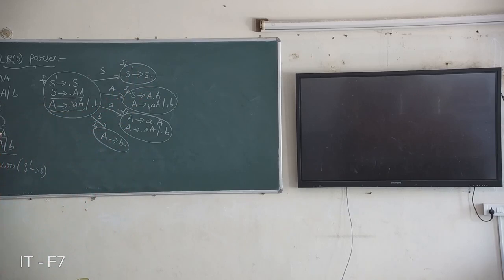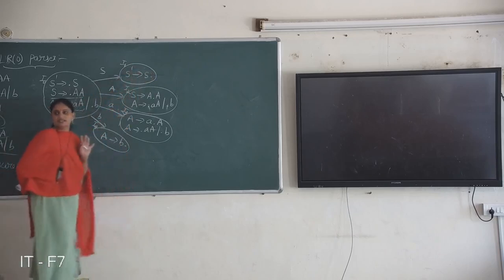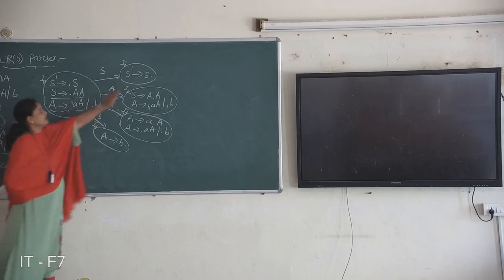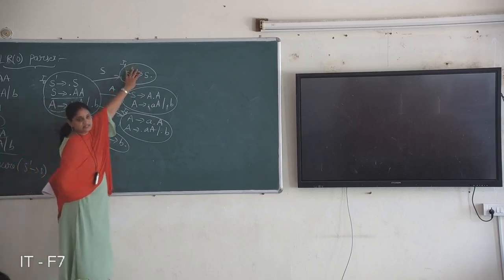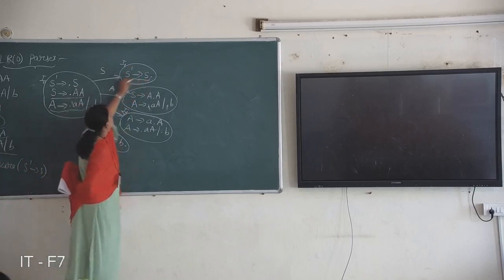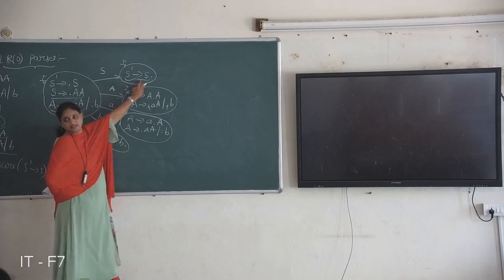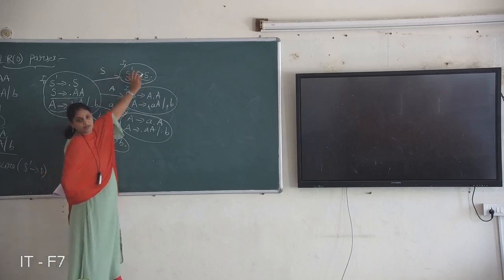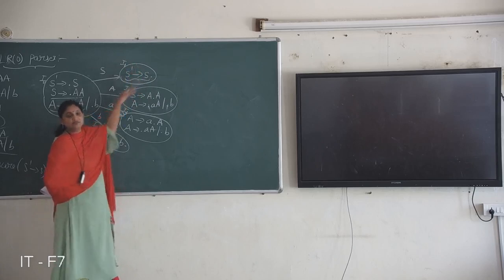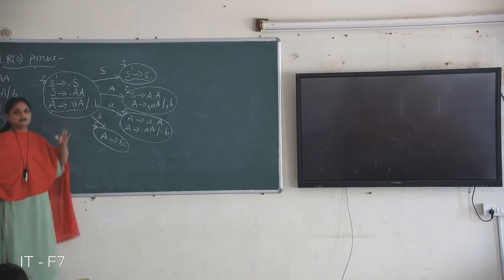Whenever you reach this particular state, the given string is accepted. It is a final state, because it contains the augmented grammar final item. Whenever an augmented production is there with a final item, you can say that the given input string is accepted. Okay, I will show this in the table.